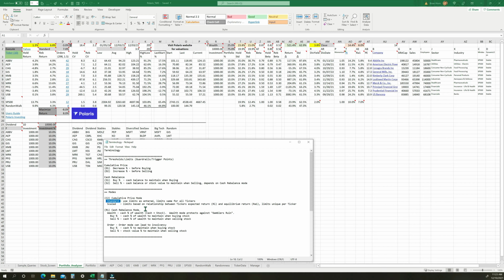Cash rebalance mode can either be wealth or order and is set in cell R1. In wealth mode, the thresholds reflect cash as a percentage of wealth. In order mode, the thresholds reflect cash or stock value percentages depending on if the order is a buy or a sell. Note, the wealth mode protects against gambler's ruin, whereas in order mode, it's possible to end up with insolvency, which means zero cash as a result of chasing a falling stock.